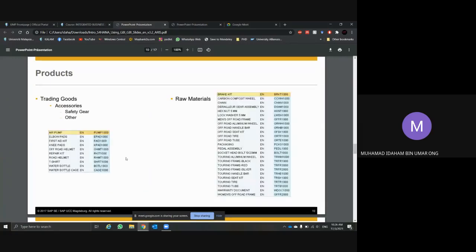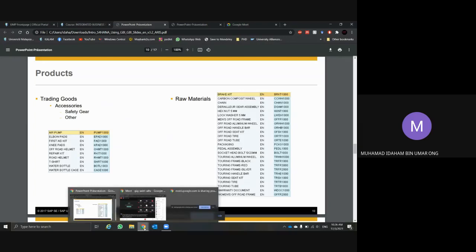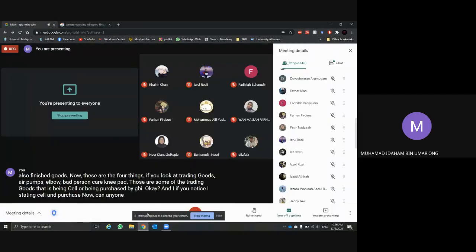Looking at trading goods, air pumps, elbow pads, first aid kits, knee pads, those are some of the trading goods that are being sold or purchased by GBI. Now, if you notice, I said sell and purchase.